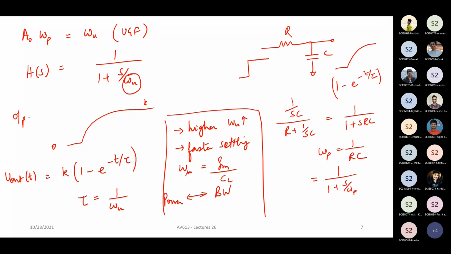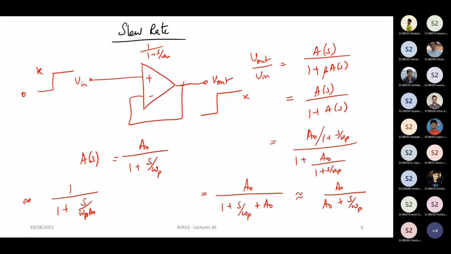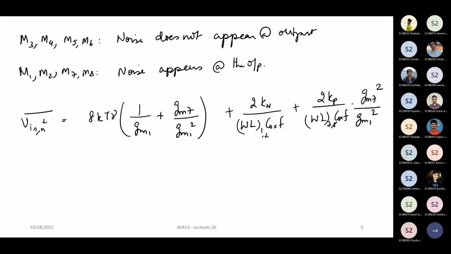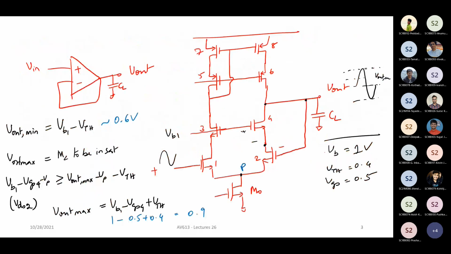Now here, in this example, I told you that the step is not very large. That is where all the transistors are still in saturation. If you look at this op amp, or the 5 transistor op amp that we looked at, or even the other op amp topologies that we will be looking at in subsequent classes, we assume that all the transistors are still in saturation.